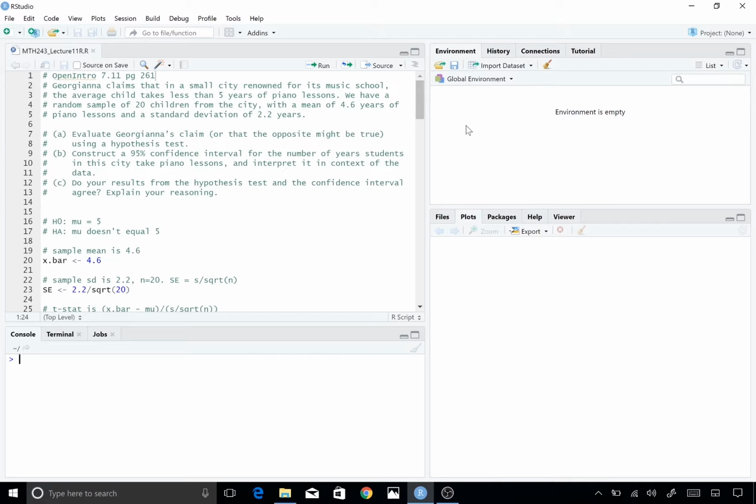If I want to test if the tree's height is different from 79 feet, by default, this t-test command will do a two-sided test. The only thing I need to tell it is the mu I'm using, because that's 0 by default. I say t.test(trees$Height, mu = 79).